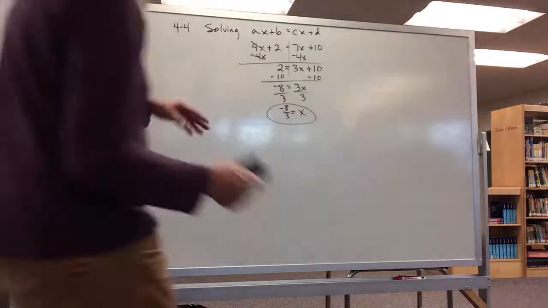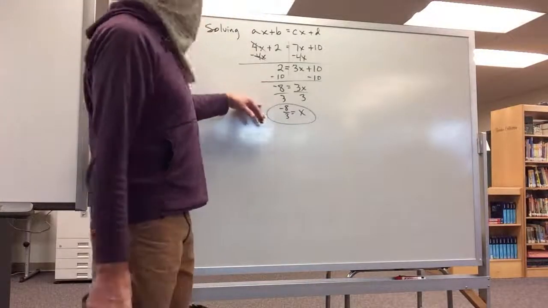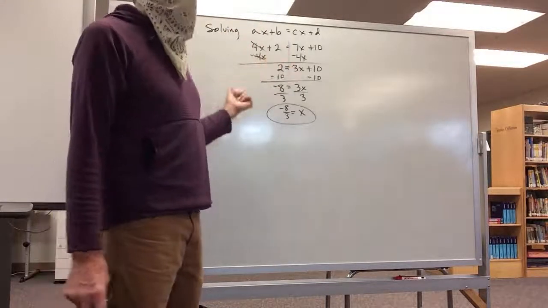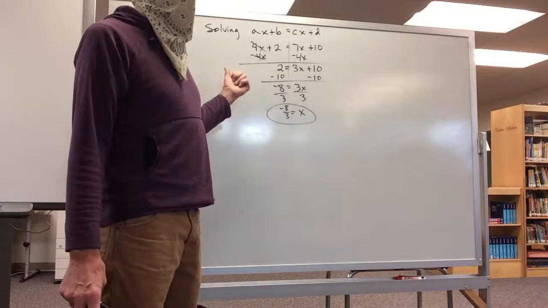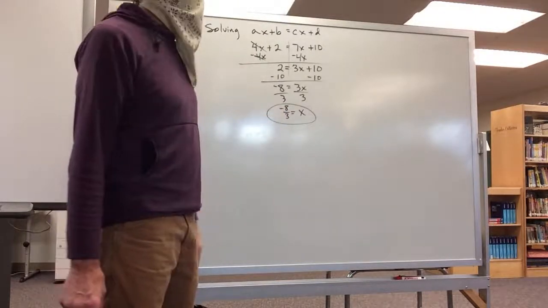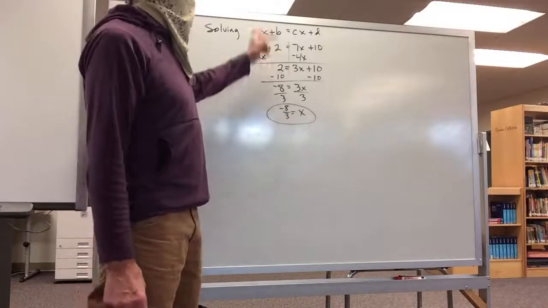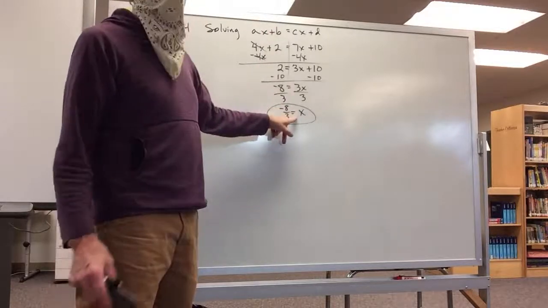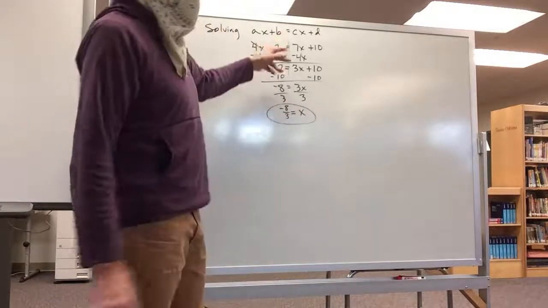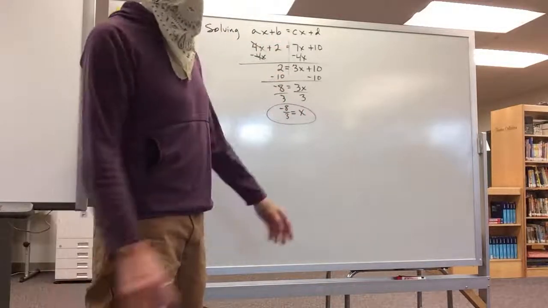What we're trying to focus on with some of this work is just the mechanics of being able to get all of the like terms on the same side of the equal sign using inverse operations, and then eventually narrowing things down to what a single x is. We don't have to worry about dividing and multiplying by negatives because we don't have an inequality symbol. Eventually we'll do more of this work with inequality symbols, and then we have to remember those rules.